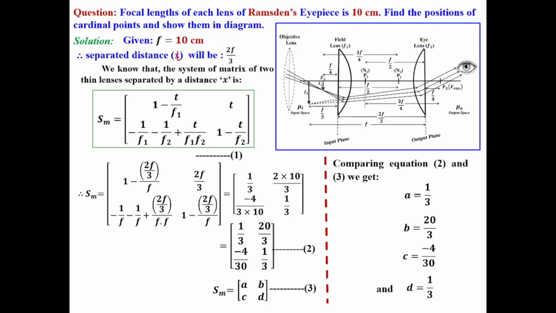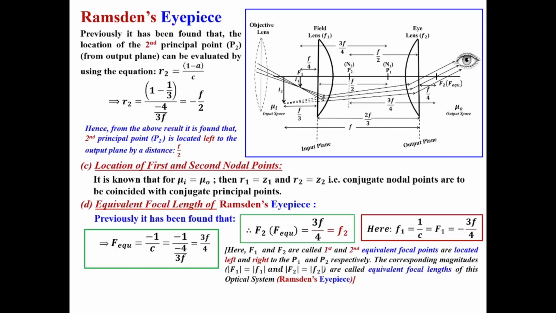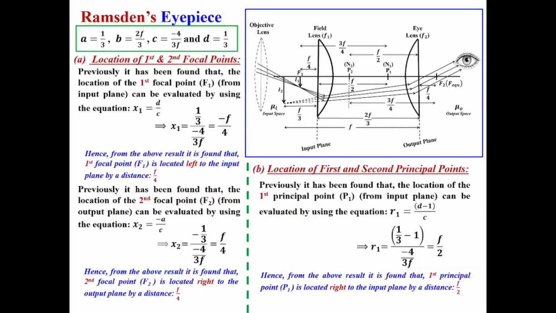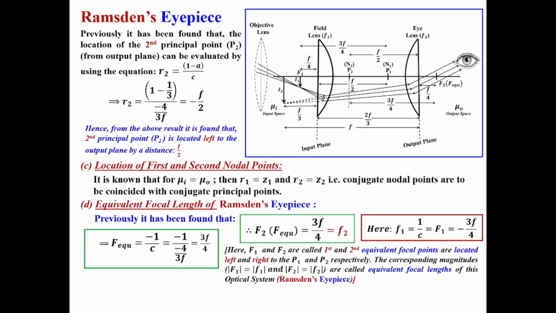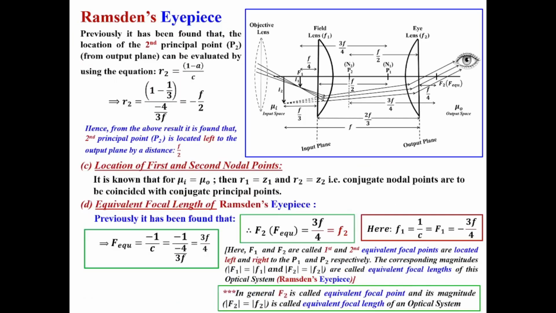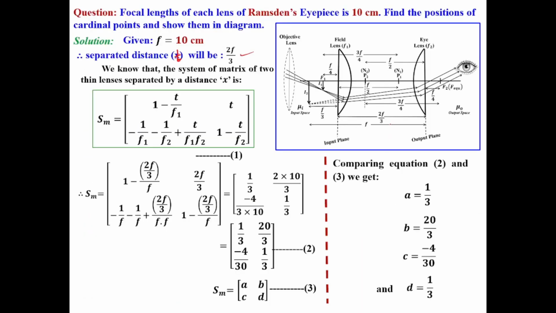The separation distance should be t, which will be 2f/3. In the case of the Ramsden eyepiece, the separation is always 2f/3. Here 2f/3 is the separation. Now we are going to use the system matrix.